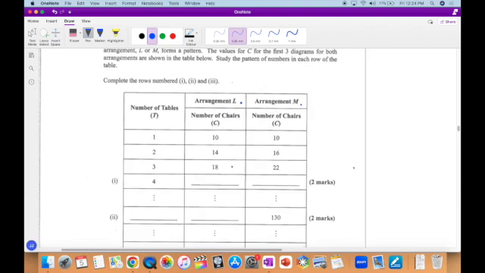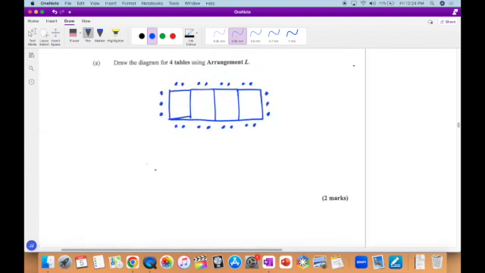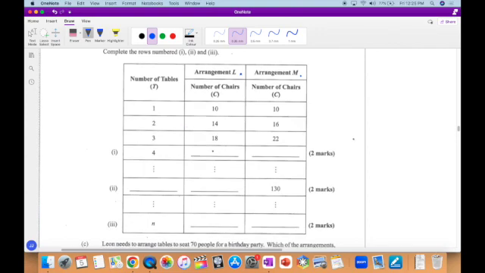Study the pattern and show, well, for 4 tables we can actually count the chairs: 2, 4, 6, 8, 10, 12, 14, 16, 18, 20, 22. So the number of chairs for L will be 22 here. Interesting. We still don't know the number of chairs for M, but we'll see.